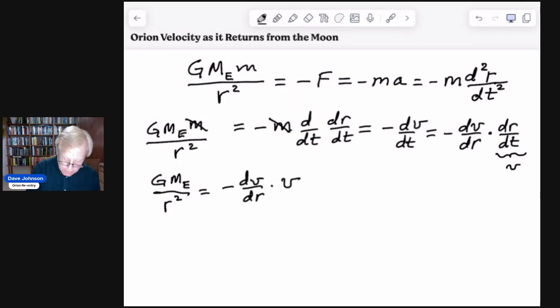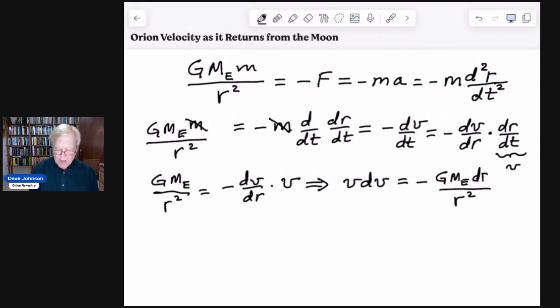Okay. So let me rewrite this. I'm going to multiply both sides by dr, put the negative sign on the other side, and write it this way. So v dv is equal to negative GM sub e times dr divided by r squared.